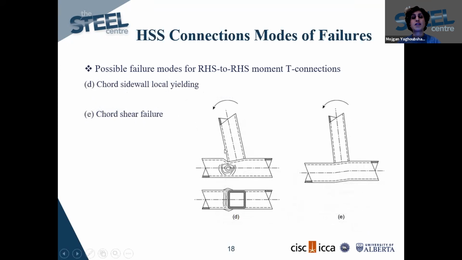Another mode of failure is chord side wall local yielding, where plasticity happens at the chord side walls. And another mode of failure is chord shear failure.